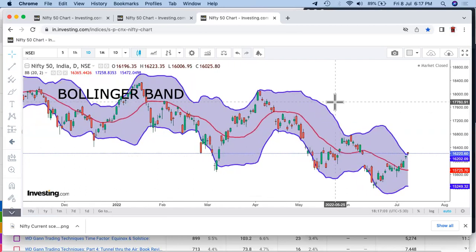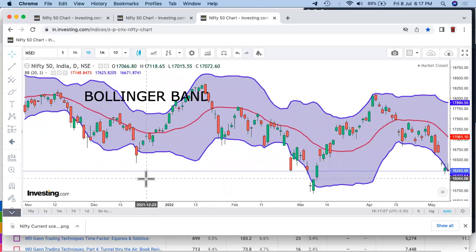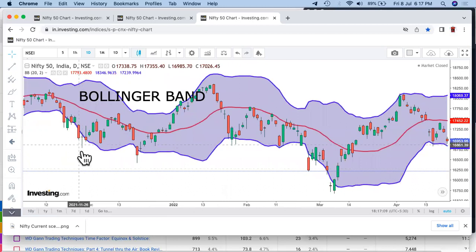But before that, what happens is generally when the price touches or goes beyond the bottom part and after that it starts rising up, it has been said that you can generally take a trade in the upward direction.